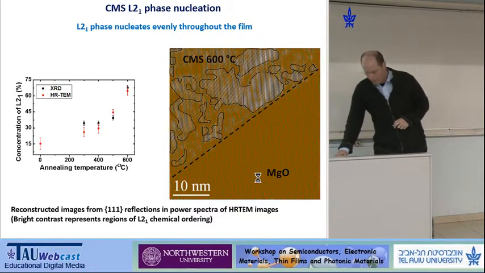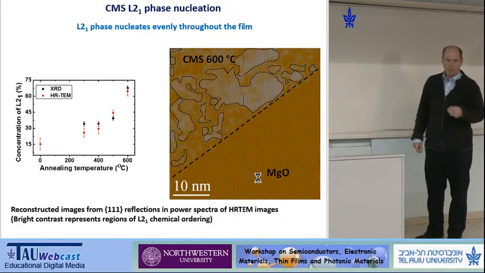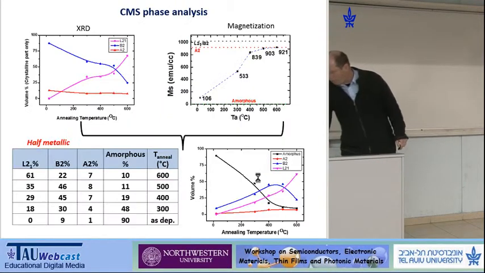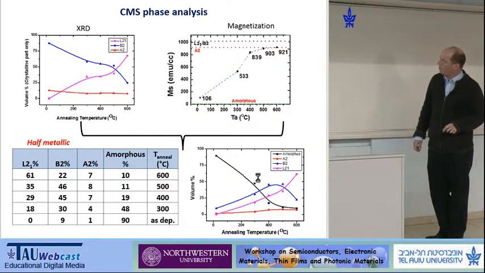We can quantify it and compare it to X-ray diffraction, to rocking curve type measurements. There's a good fit between the two, and what we see is an ongoing improvement. And when you combine it with magnetic measurements, you can really map the various phases from the L21 to amorphous as a function of annealing.